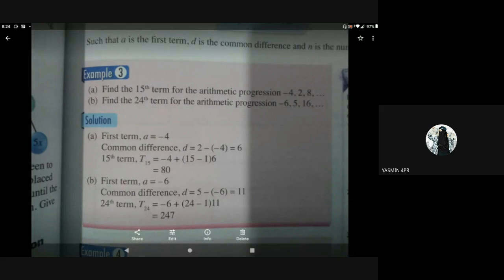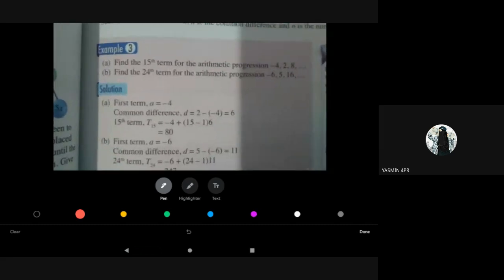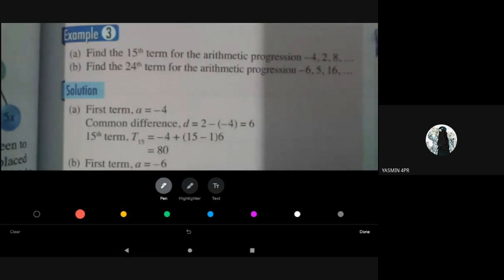Example 3. Find the term for arithmetic progression -4, 2, and 8. We have to find the 15th term of arithmetic progression -4, 2, and 8.